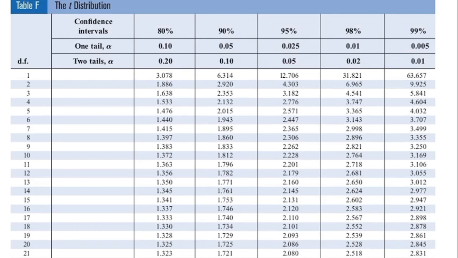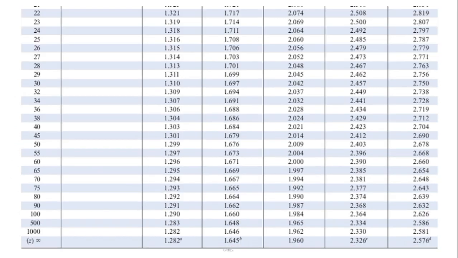For example, if the degrees of freedom is 1, and our alpha is 0.1 with one tail, then our value is this one. It is the same as our previous discussion: we look at where they intersect.